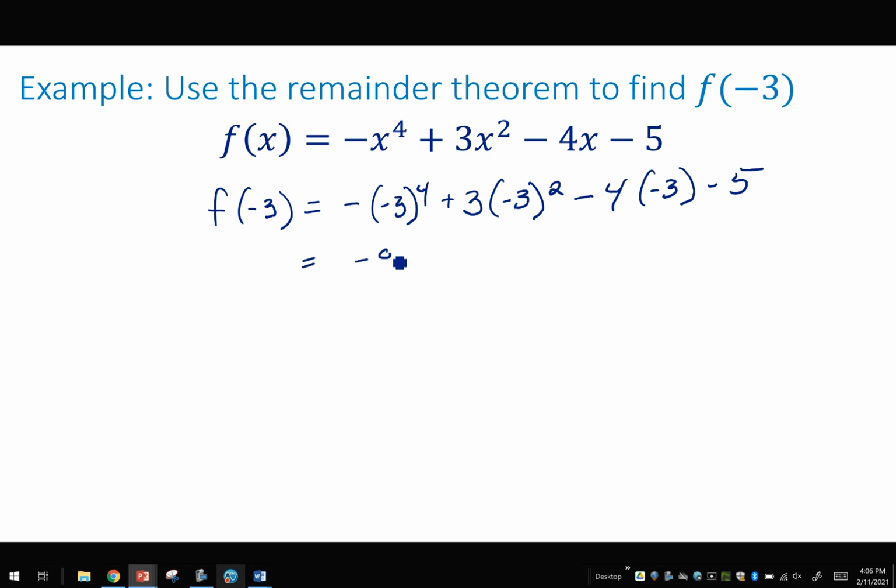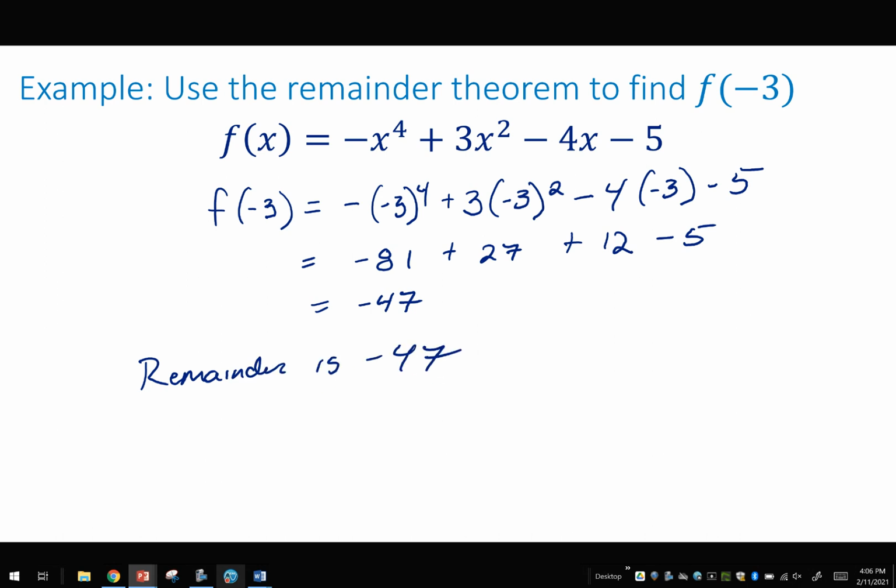Work this out, we end up with negative 81 plus 27 plus 12 minus 5. All of that ends up being negative 47. So the remainder is negative 47.